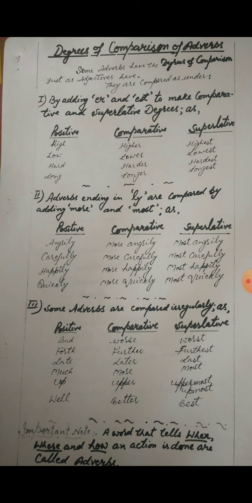High, higher, highest. पॉजिटिव, कंपैरेटिव और सुपरलेटिव में. सेकंड वन, adverbs ending in ly are compared by adding more and most, as positive, comparative and superlative. Angrily, more angrily and most angrily. Carefully, more carefully, most carefully, etc. Third one, some adverbs are compared irregularly as bad, worse, worst, etc.